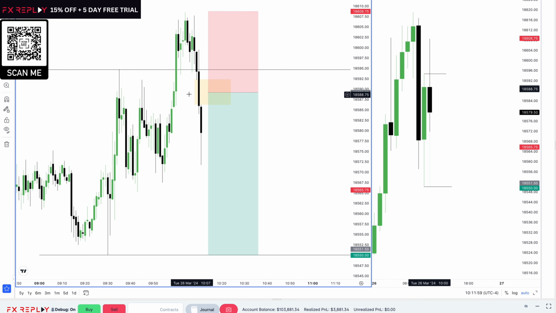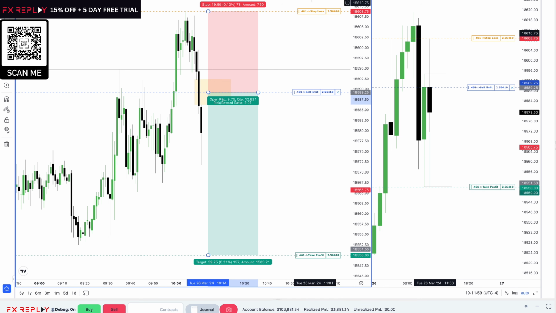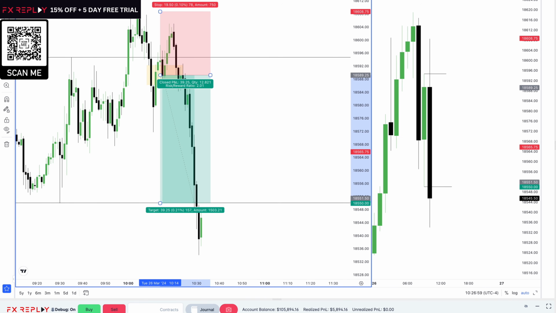So that means I'm going to get the consequent encroachment of this fair value gap, stop at the highs, TP at the lows. Let's see what price gives us. Comes back, little drawdown, and then gives us the 1 to 2.